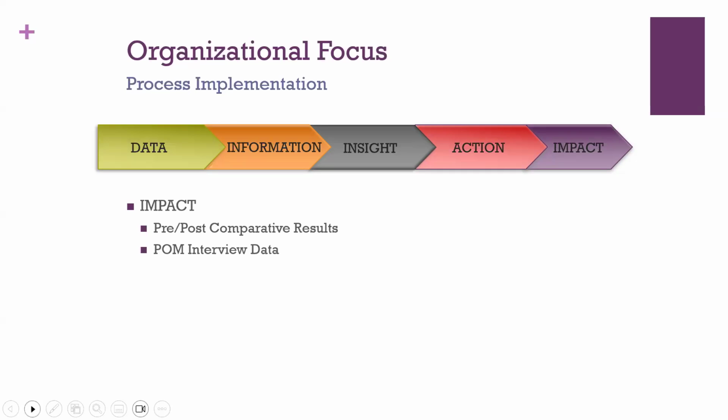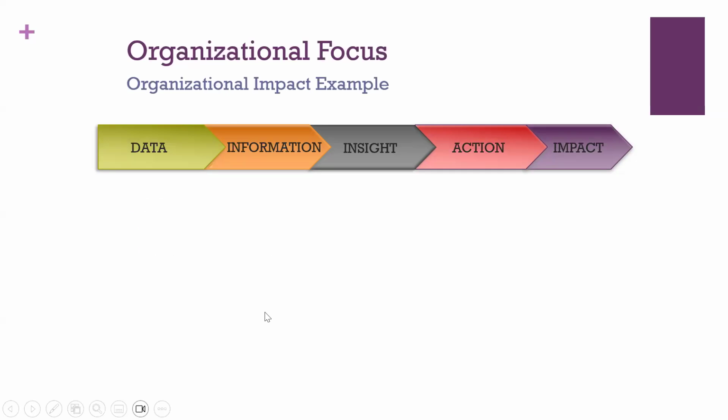So let me give you a couple of examples to maybe put a little more polish on this. The first one, Rick showed you a QIP on facilitating natural supports.